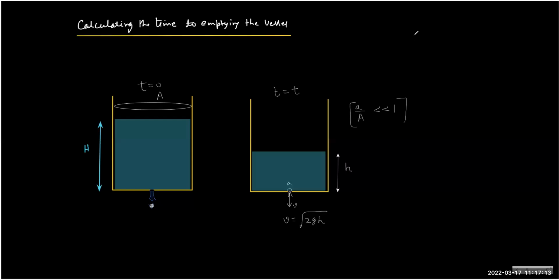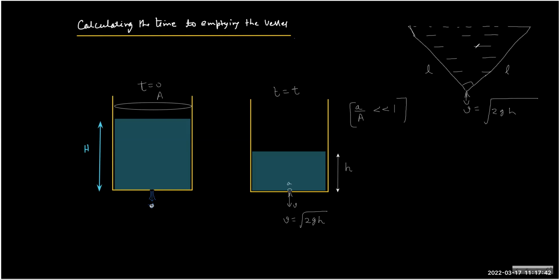So imagine I create a vessel like this, and I put water. This is L. This is L. And if I create the hole here, if this is the orifice, then what do you expect the velocity here? V equals under root 2g h.